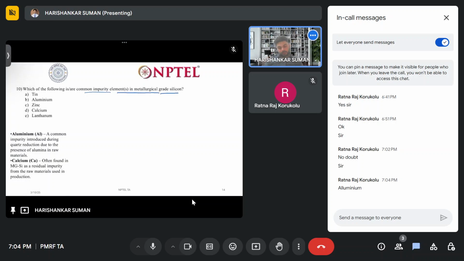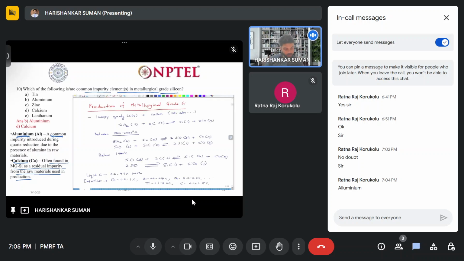Okay, not only aluminum, calcium is also commonly found in metallurgical grade silicon as an impurity from the raw material used in production. Aluminum is commonly used. Okay, aluminum and calcium.